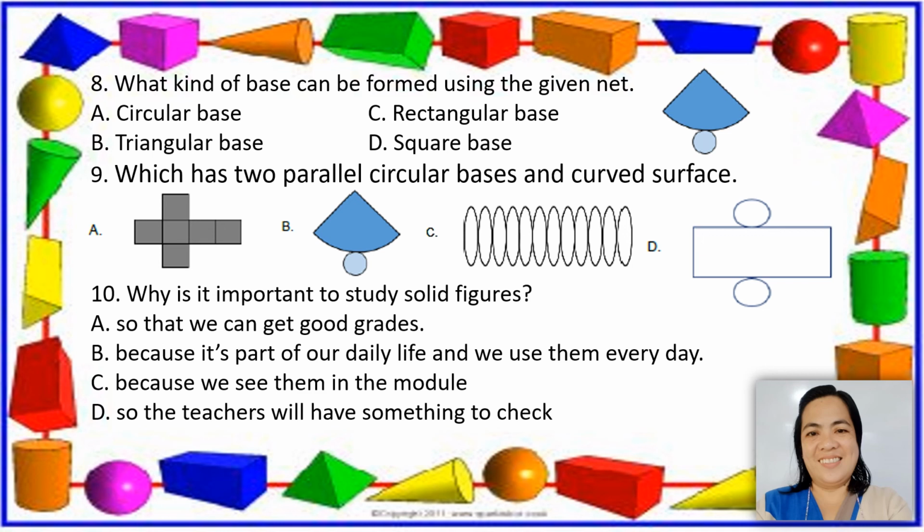Then choose the letter, encircle it for your answer. Number 10, why is it important to study solid figures? A, so that we can get good grades? B, because it's part of our daily life and we use them every day. C, because we see them in the module. D, so the teachers will have something to check. Choose what is your answer, then encircle the letter.